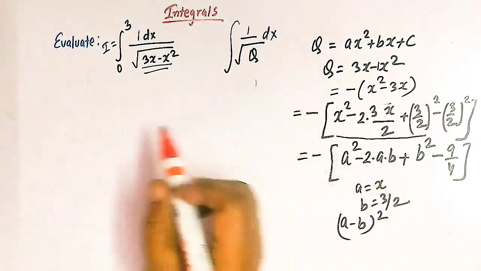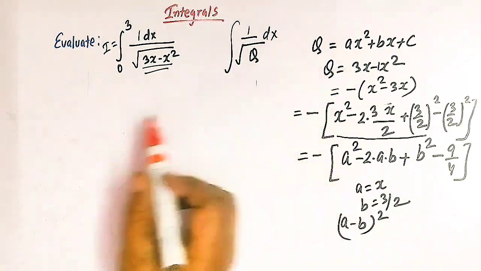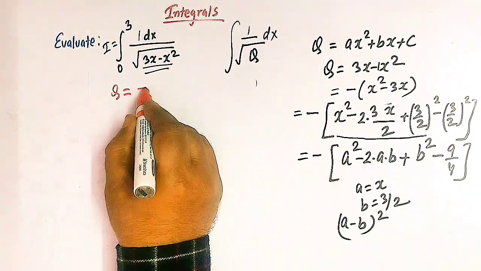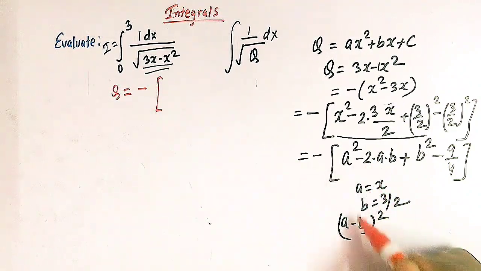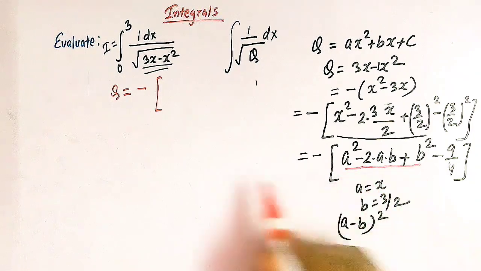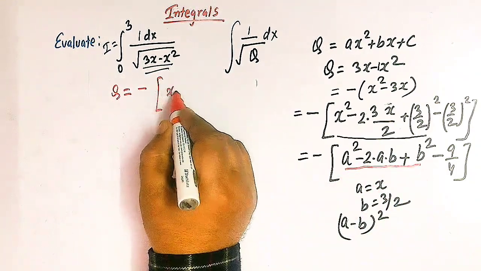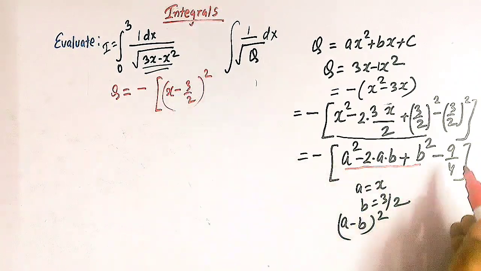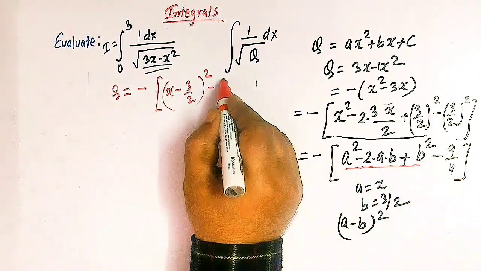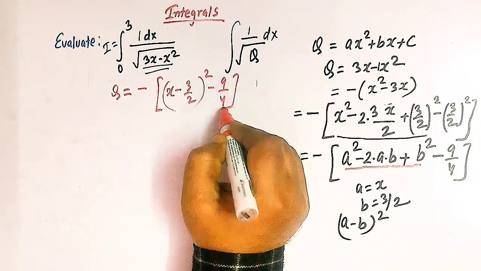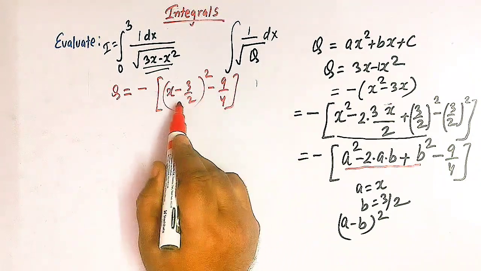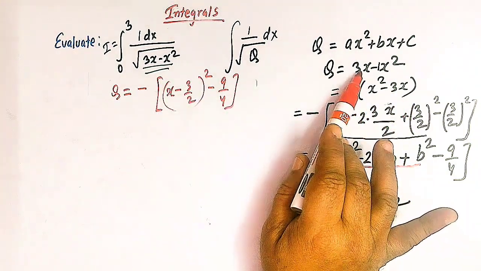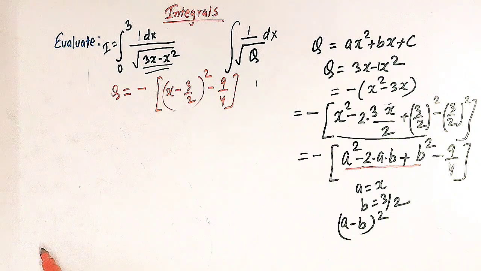So we have expressed this quadratic polynomial q as minus, here we have a minus b whole square. So this is x minus 3 by 2 square, and then we have here minus 9 by 4, right? Because if we again expand this square, we'll get the same term as 3x minus x square, right?